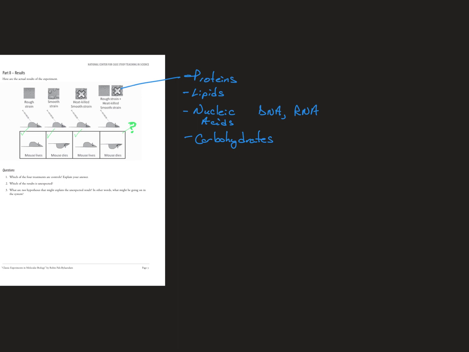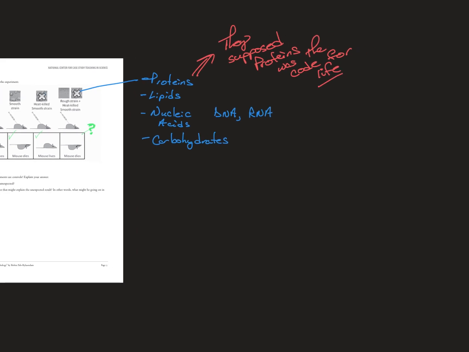In fact, they were pretty sure that it was proteins. This is what they thought. They supposed it was proteins because what they were thinking of is, geez, there's 20 amino acids, and if you're going to write this really complicated book of life, wouldn't it be nice to have 20 letters?